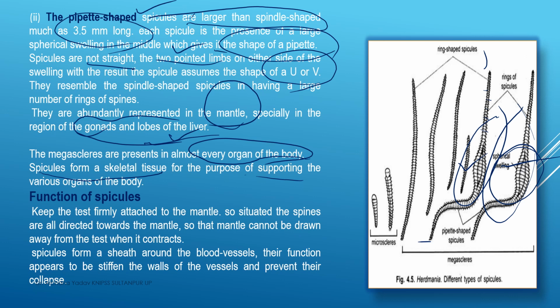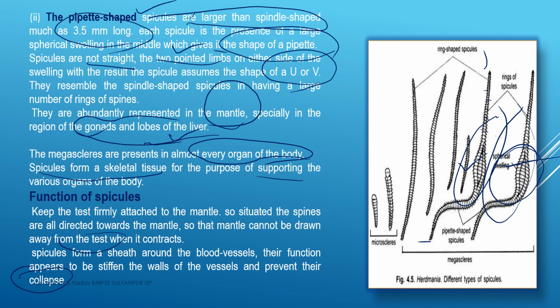Now about the function of spicules. Spicules provide internal rigidity and a supporting framework, like an endoskeleton, and keep the mantle fixed with the test, and the mantle firmly fixes the test, and they stiffen the wall of blood vessels to avoid collapsing.